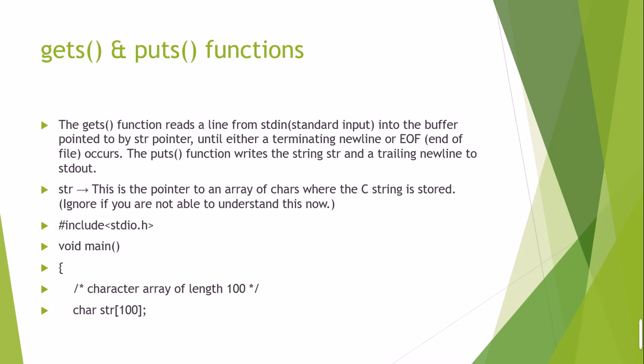The puts function writes the string str and a trailing newline to stdout, that is standard output. Str is the pointer to a string of characters where the C string is stored. Ignore it if you are not able to understand this now, because this is the basics of C, so just understand that much.